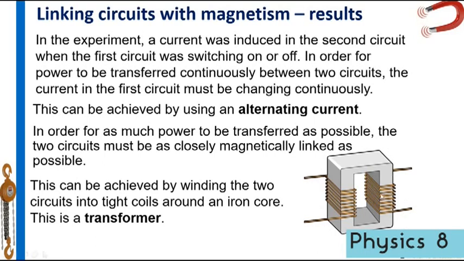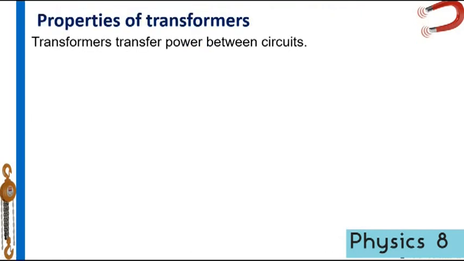It allows current to be induced in a set of wires from another set of wires in which a current is flowing, because the current flowing through the first set of wires creates a magnetic field, and that magnetic field induces a voltage in the second set of wires, which then causes current to flow through. So now let's have a look at some of the properties of transformers.